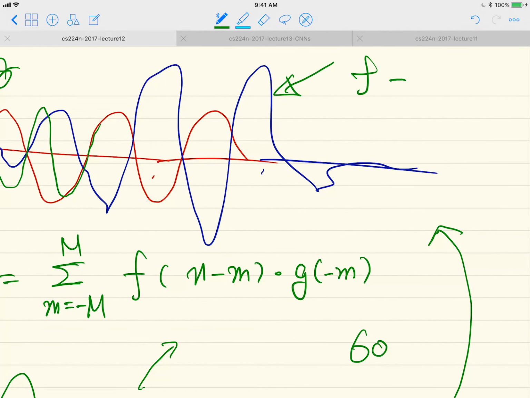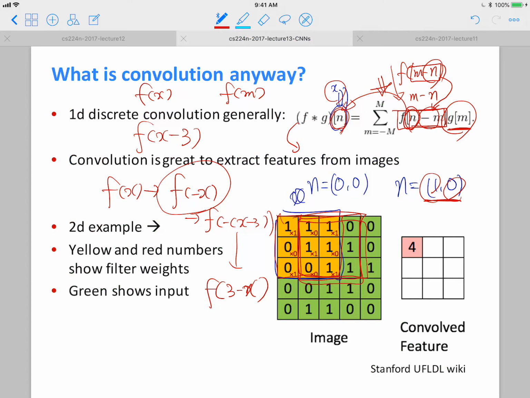Suppose f, which is a 60-dimensional time domain signal, was represented as large F, which is another 60-dimensional frequency domain signal, and g was converted into large G in the frequency domain, and then f and g and their convolution, which is defined by this form.